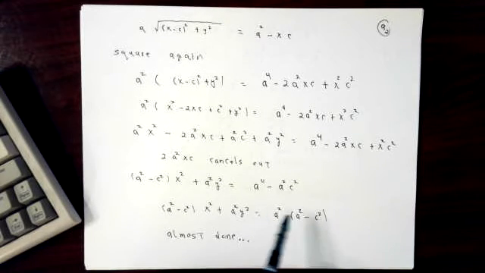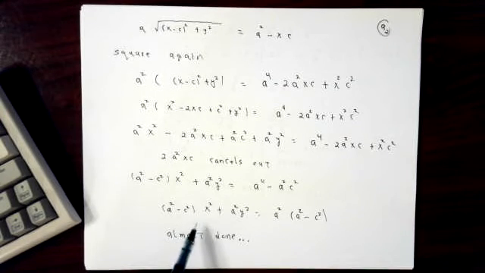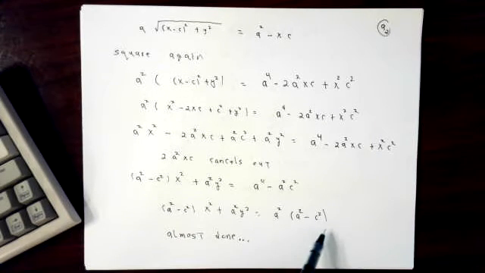A to the 4th minus a squared c squared, I'm going to factor this. That's a squared times a squared minus c squared. And things are beginning to look up because there's an a squared minus c squared over here, and there's an a squared minus c squared over here. I can't just cancel it out because there's no such factor here, but I'm going to do something with it.